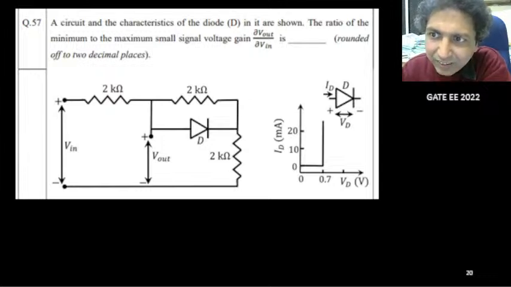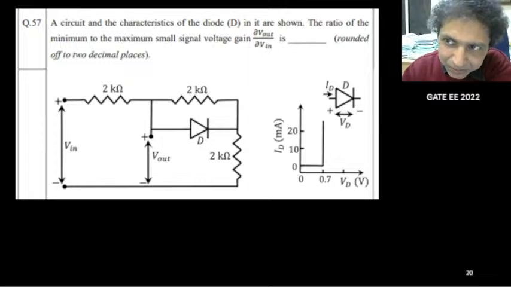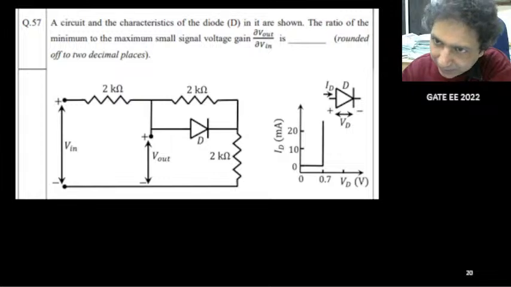And when the diode is off, again you will find another relation between V out and V in. Then again find the derivative dV out by dV in. You will get another value. Then compare these two, which one is larger, which one is smaller. So the minimum to maximum ratio you need to find out.